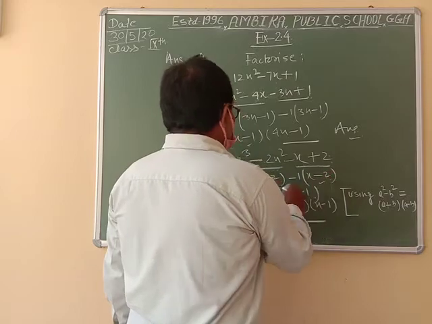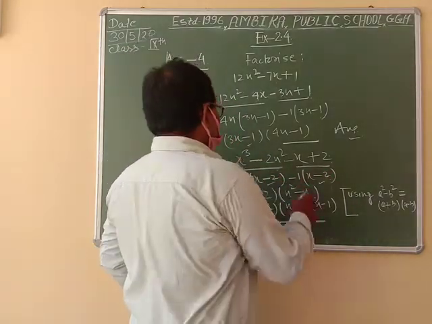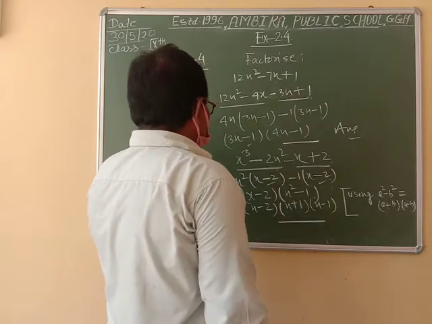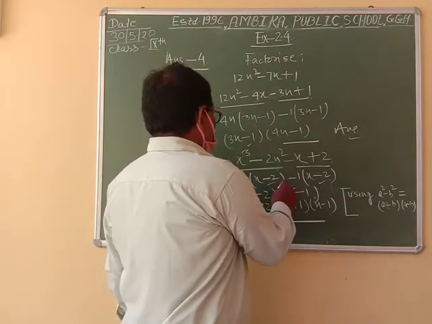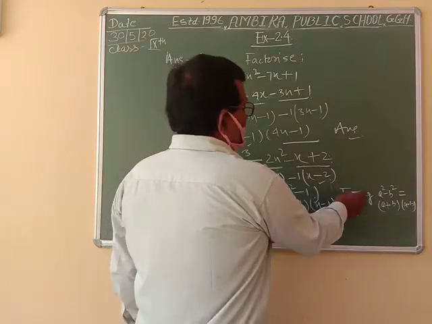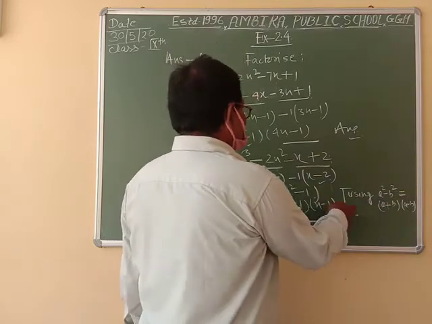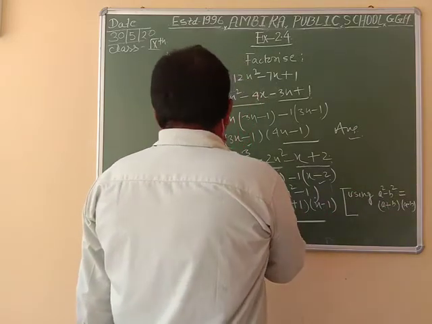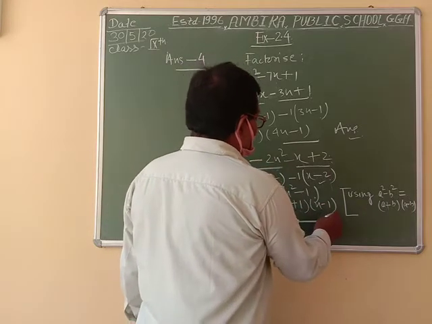Here x minus 2 and x minus 2 are common factors, so we take x minus 2 and the rest is x square minus 1. Now using the formula a square minus b square is equal to a plus b into a minus b, the factorization is x minus 2 into x plus 1 into x minus 1.